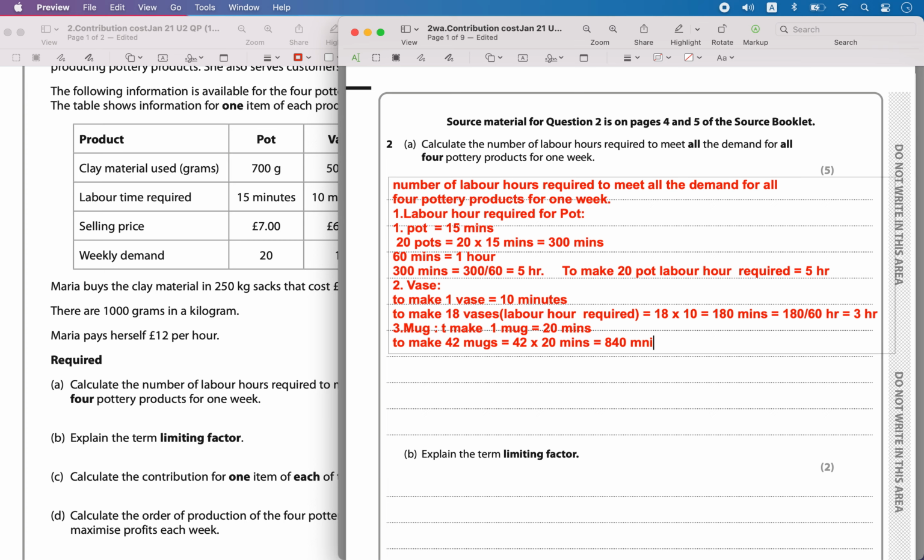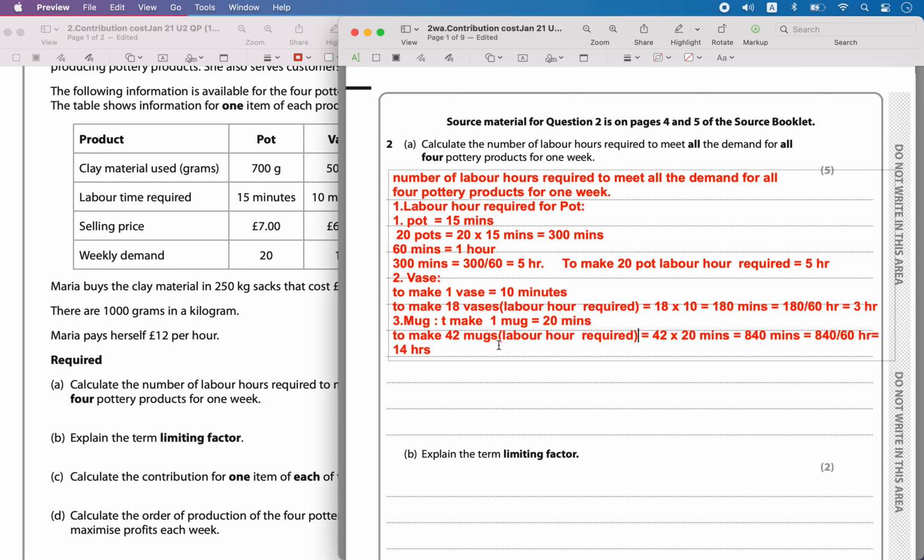Let's convert that into hours: 840 divided by 60 is equal to 14 hours. So the labor hours required to make the mugs is 14 hours.